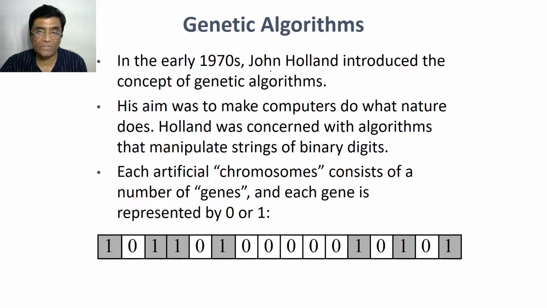Also, you know, a little bit of history: in the 1970s, John Holland introduced the concept of genetic algorithm. His aim was to make the computer do what nature is doing, and his concept concerned an algorithm that manipulates strings of binary digits. Each artificial chromosome consists of a number of genes, and each gene is represented by 0 or 1.